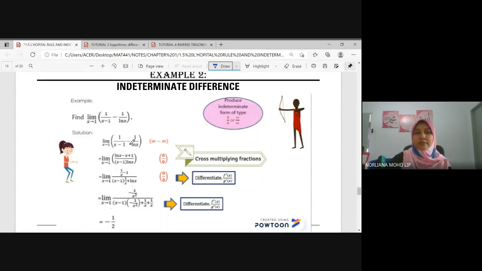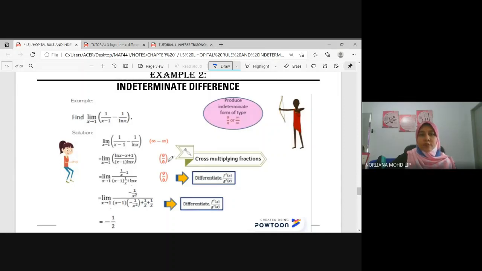Expand this, so we get this new form of function: ln x minus x plus 1 over x minus 1 times ln x. When you substitute x equal to 1, we get the answer 0 over 0.